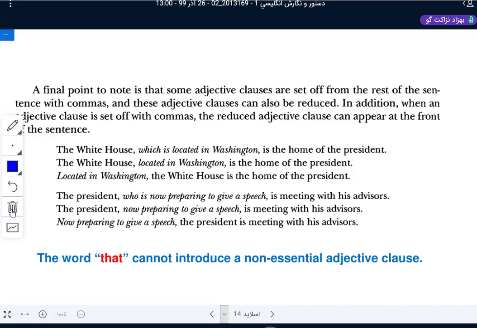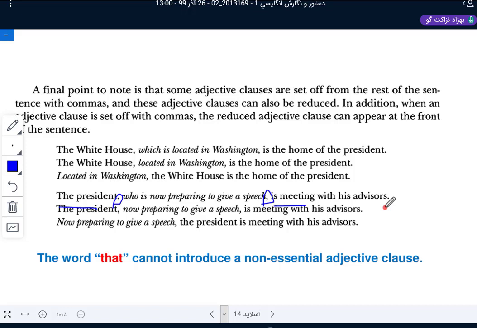The president, who is now preparing to give a speech, is meeting with his advisor. The president is meeting with his advisors is the main clause.